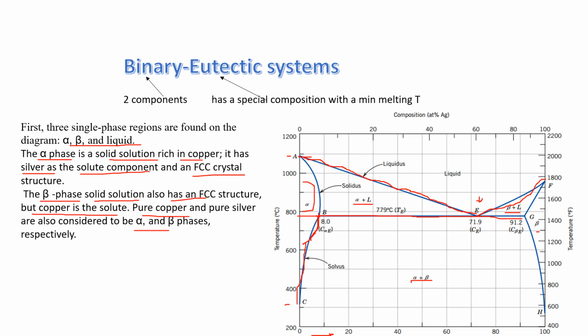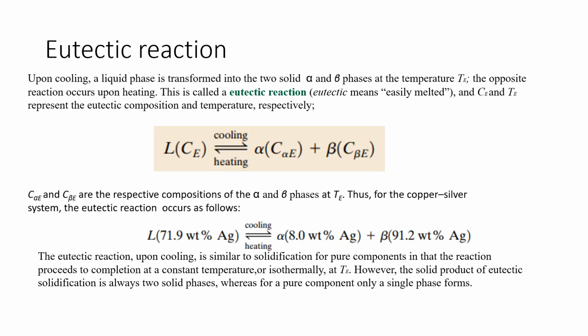We will explain the eutectic reaction, which is an important reaction that occurs for an alloy. The eutectic reaction occurs upon cooling and heating at a specific temperature and specific composition.